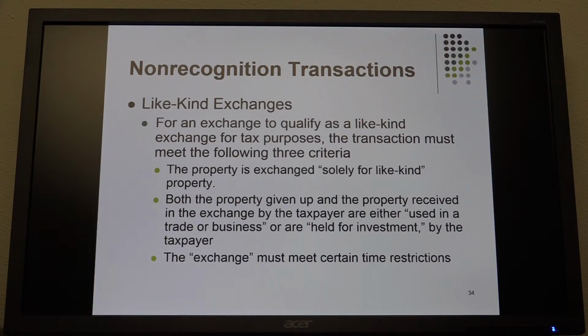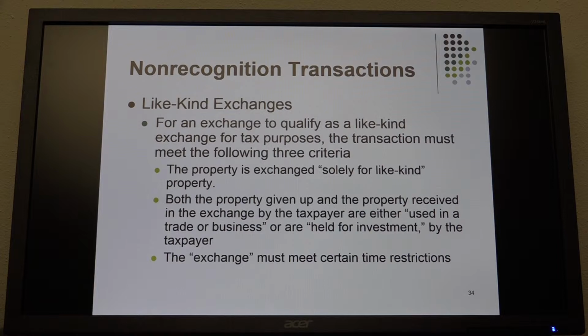Even though they're not similar in the way they look, they're still both real property. So the property must be exchanged solely for like-kind property. If not, then at least part of the transaction may be taxable.